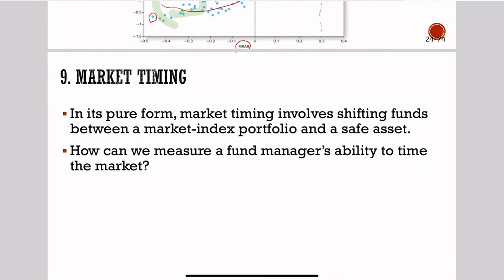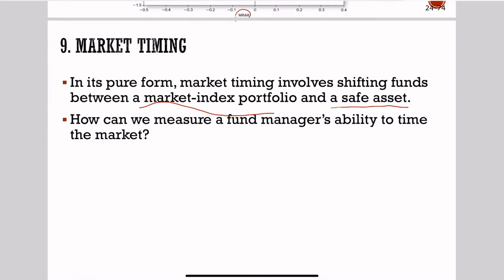I explained what is a market timing, right? In its really original form, market timing is about changing your investment between a market index fund and a safe asset, right? We talked about this example before.